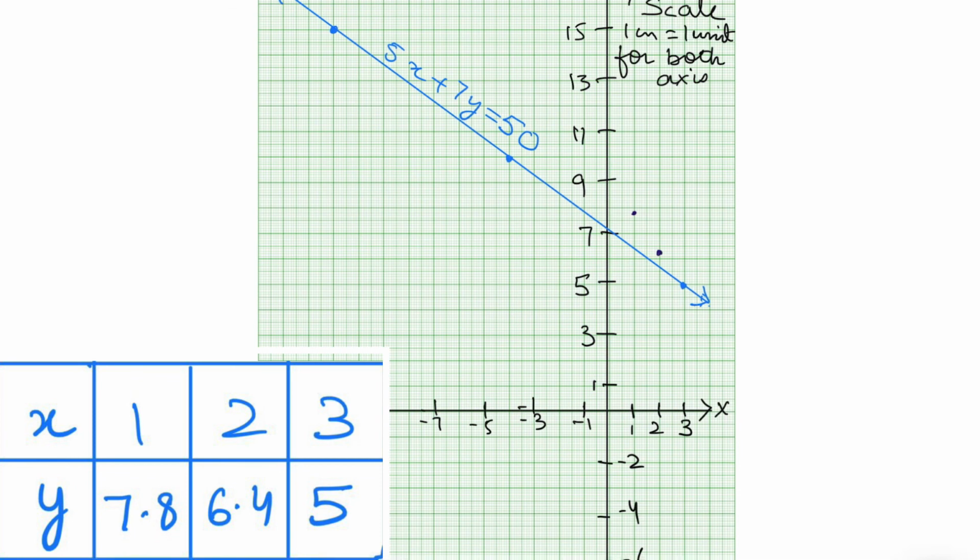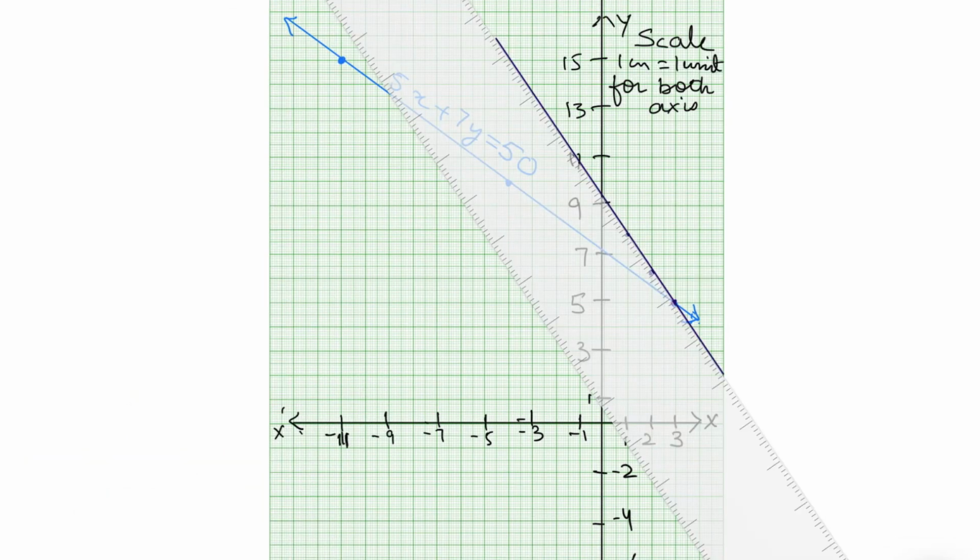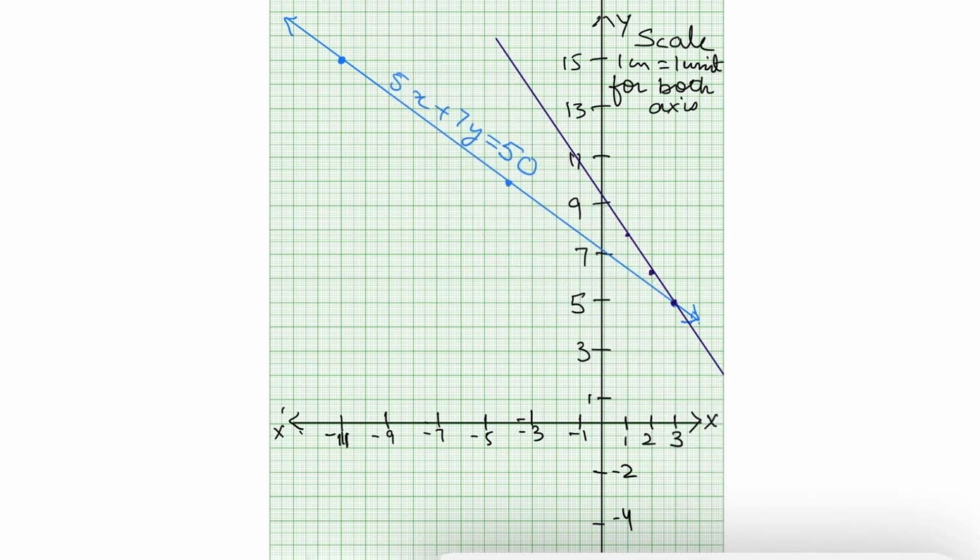Okay. Then we have 3 and 5, so same coordinate as the previous one. So we know this will be intersecting at this point. Let's make the line for the second equation. So we got the second line.